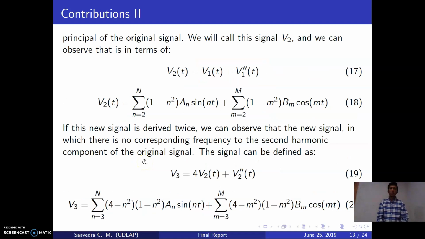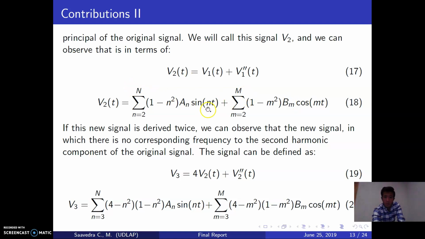And after that, we can have a second function like v2, and this is the sum of the first one plus the second one plus the second derivative of the original signal.